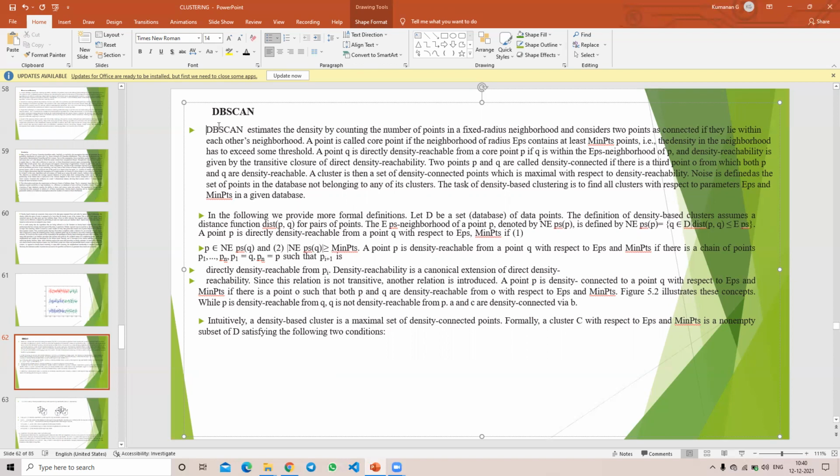A cluster is then a set of density connected points which is maximal with respect to density reachability. Noise is defined as the set of points in the database not belonging to any of its clusters.